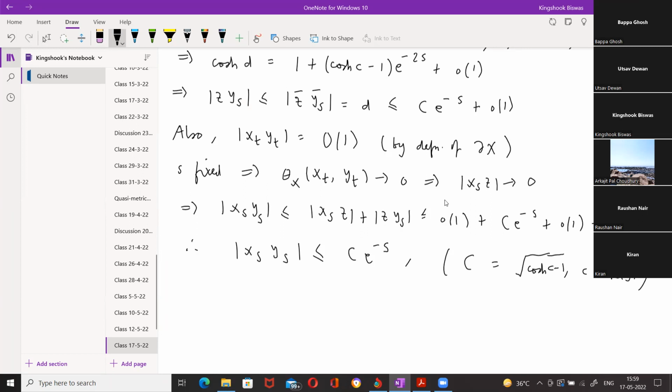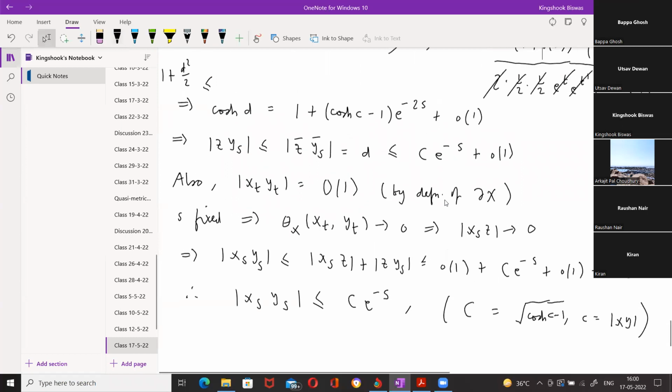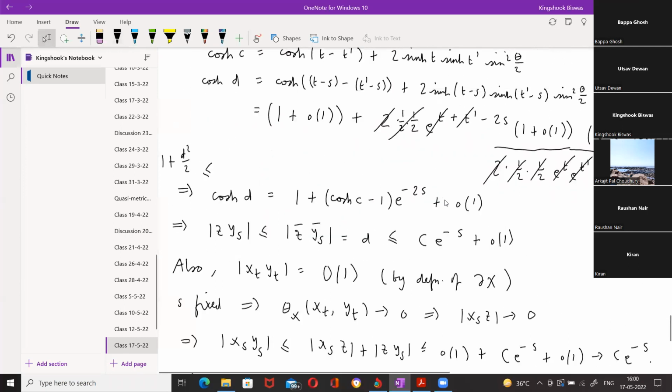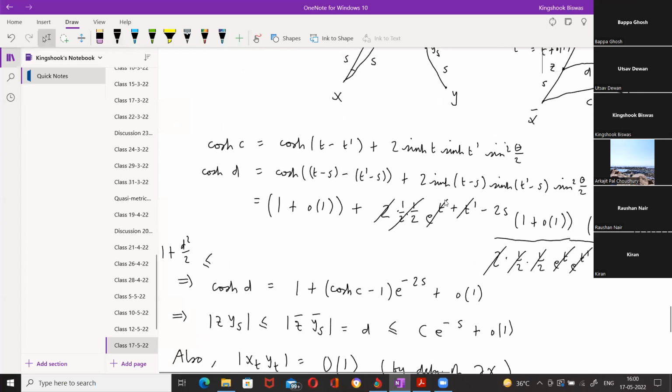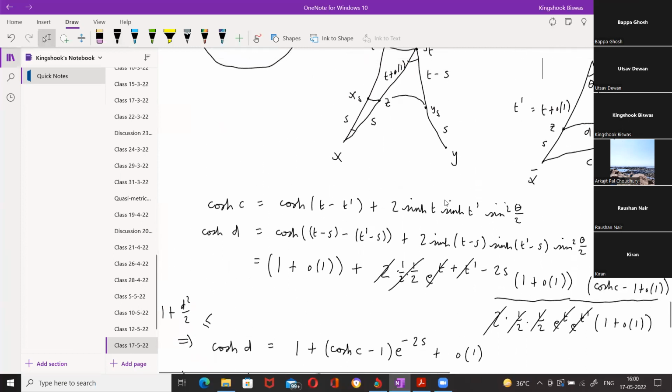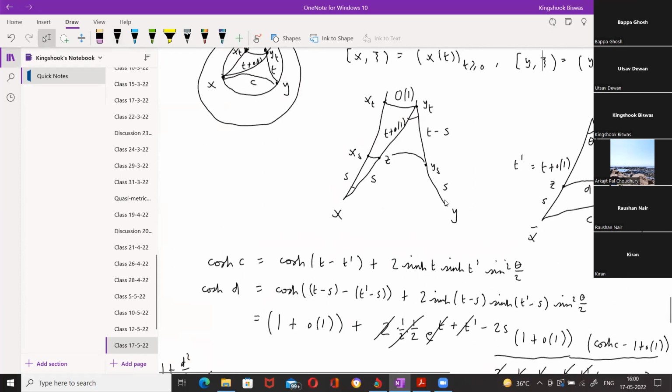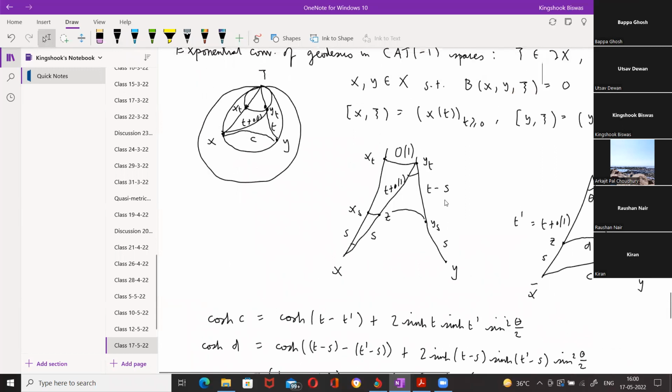So it means if you start out on the same horosphere and you take these two geodesic rays, then it's like what we had in the upper half space, right? These two geodesic rays will converge exponentially towards each other. A priori, we just knew that the distance between them was bounded.